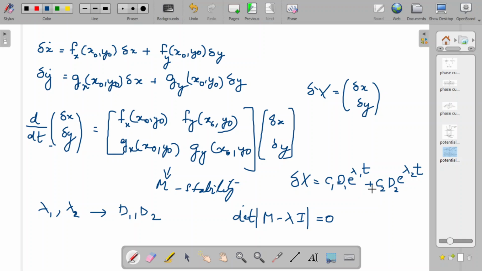So depending upon the values of lambda 1 and lambda 2, I can have different solutions for x and y.